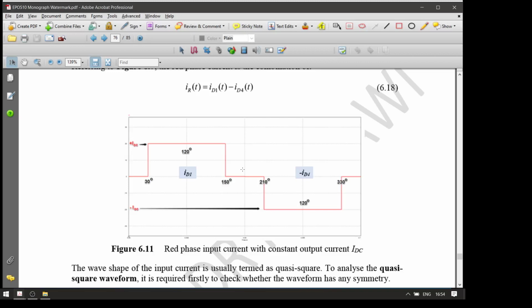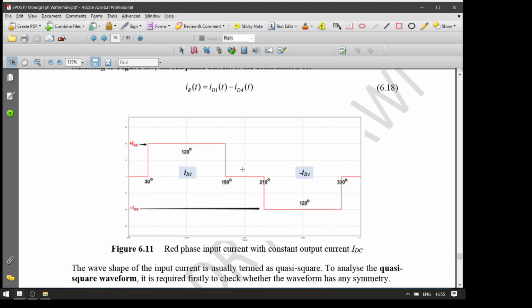If you look properly, it's an odd and quarter wave. So therefore an equals 0 for all numbers, and bn equals 0 when n is even, but bn only exists for odd numbers.